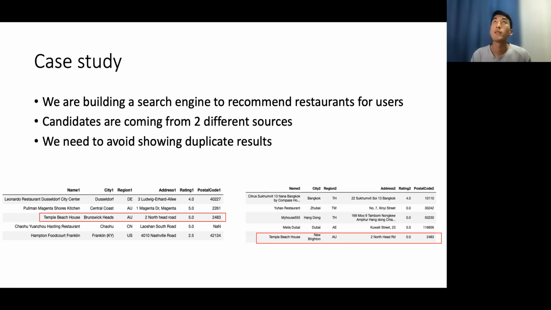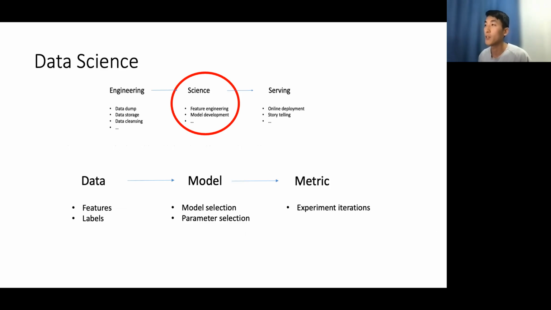So I think it's very important now for you to take maybe a minute or so to think about, if you are the data scientist or the engineer working on this problem, what would be your solution? So remember, previously we talked about how we have data, which has features and labels, right?